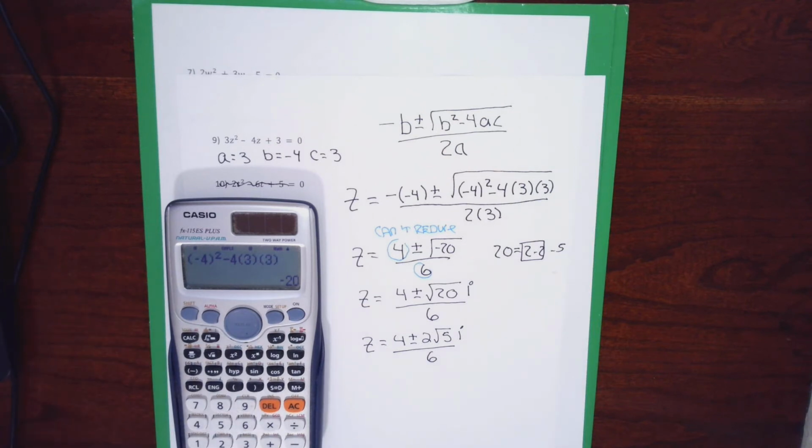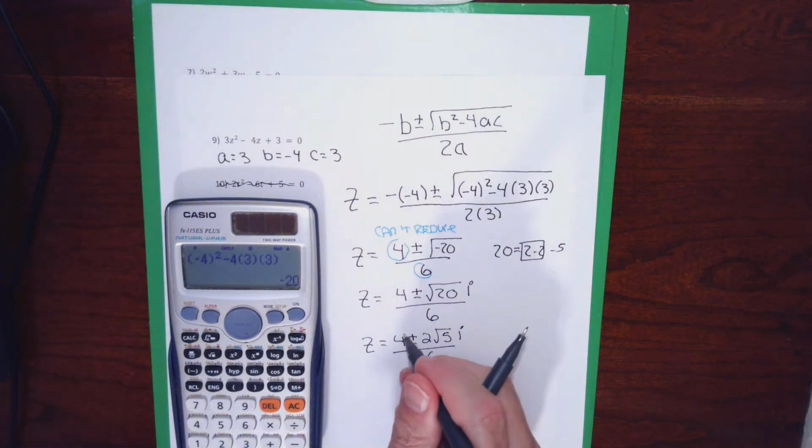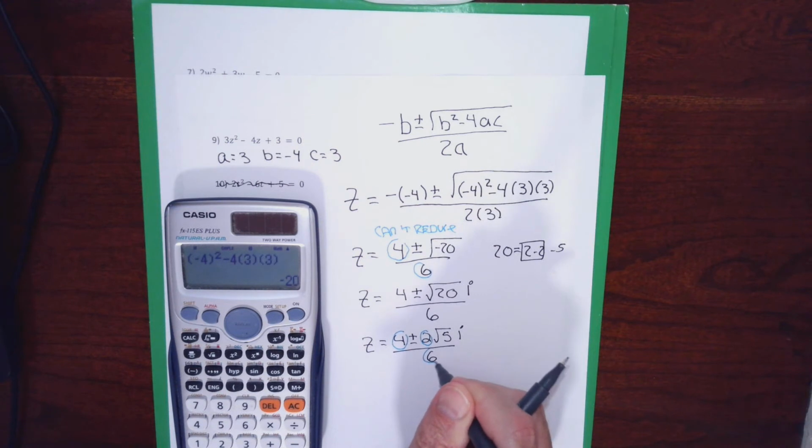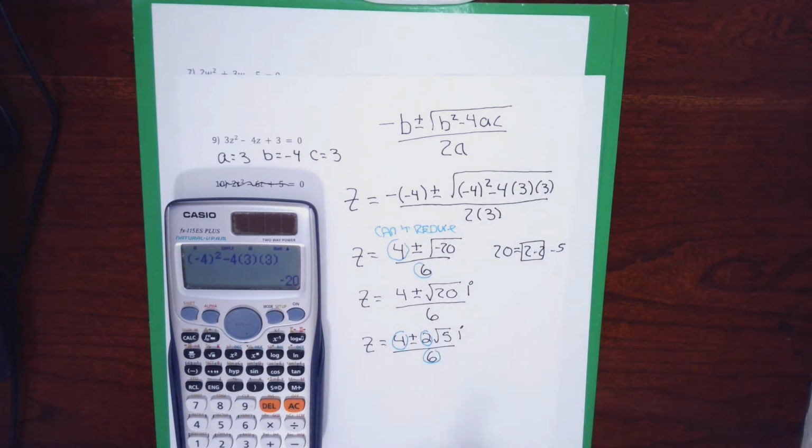I'll make a little note to myself. This is legal reduction because all 3 numbers are in the proper place. One to the left of the plus or minus sign, one to the right of the plus or minus sign in front of the square root.